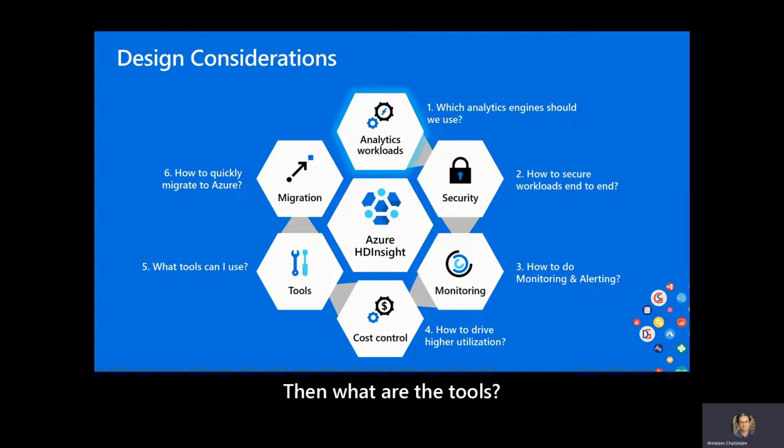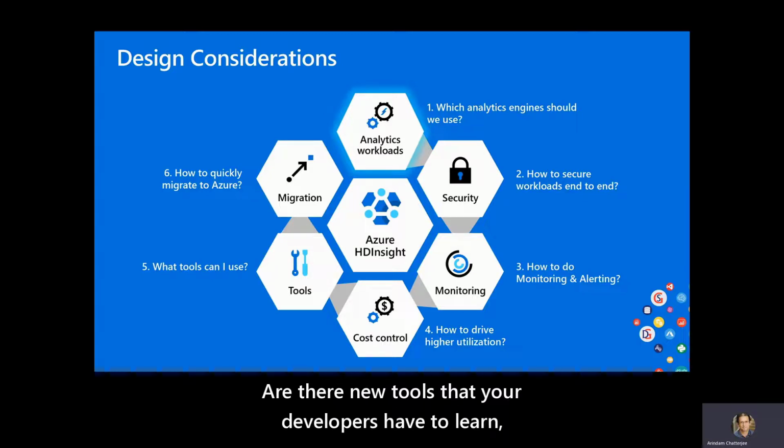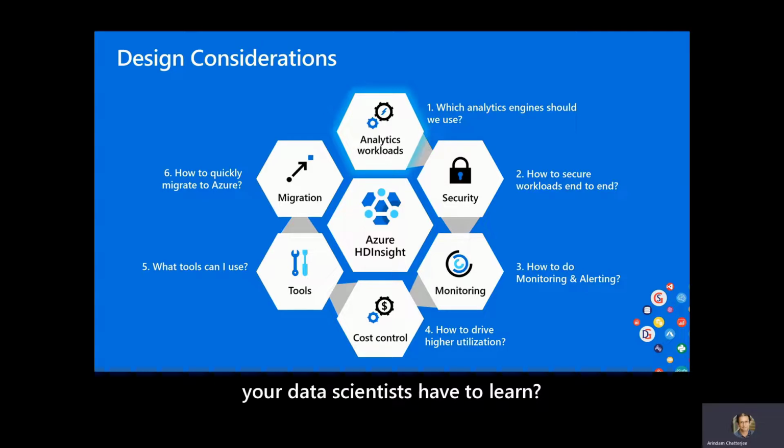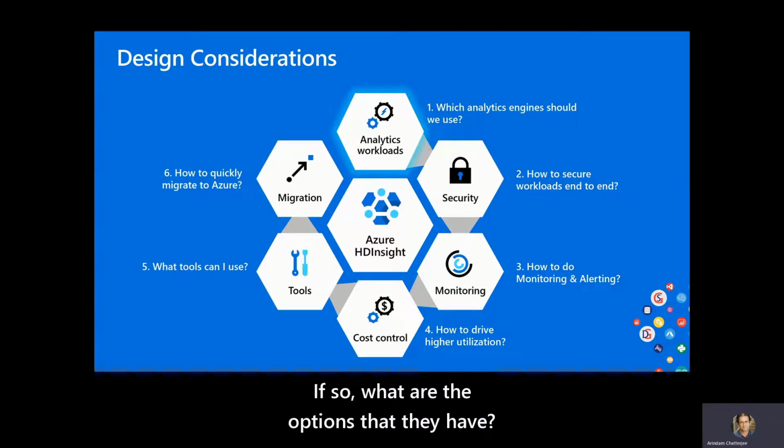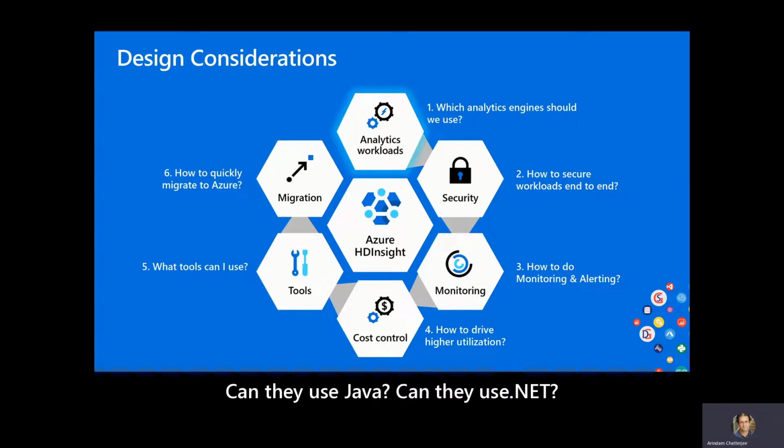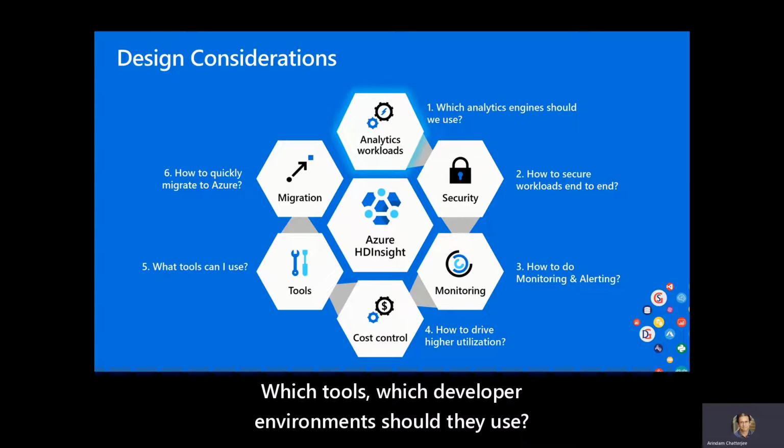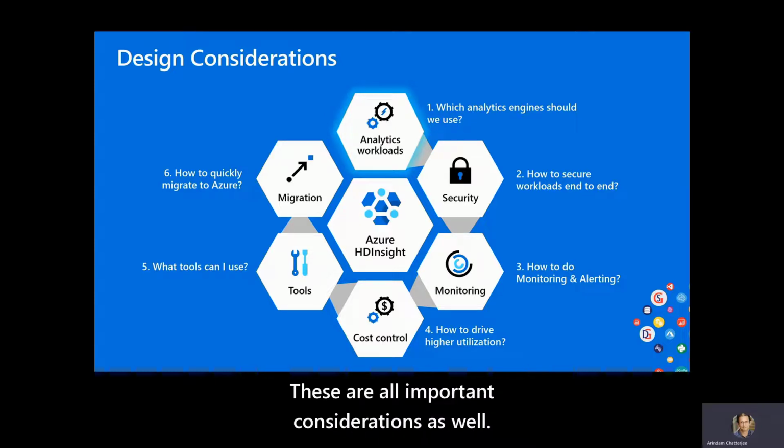Then what are the tools? Are there new tools that your developers have to learn, your data scientists have to learn? If so, what are they? What are the options that they have? Can they use Java? Can they use .NET? Can they use R? Which tools, which developer environments do they use? These are all important considerations as well.